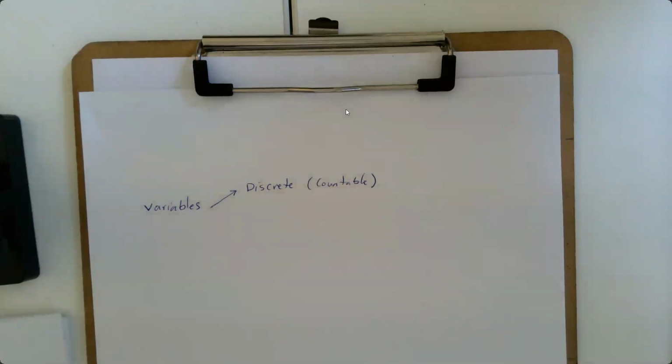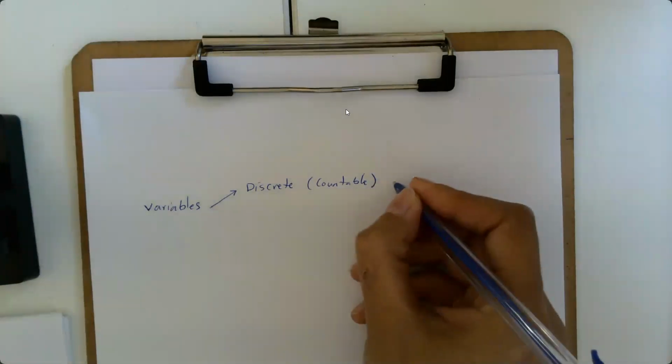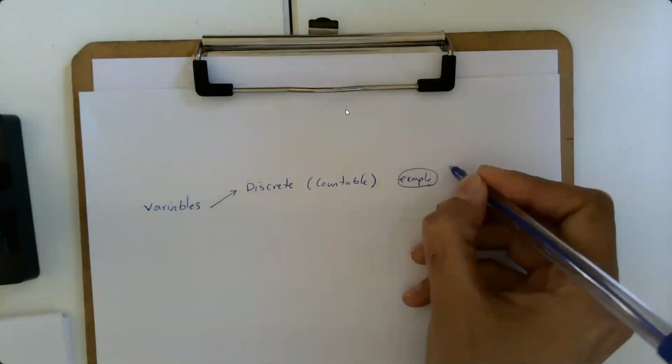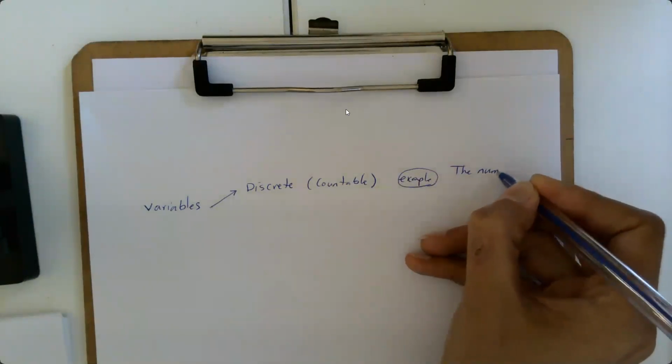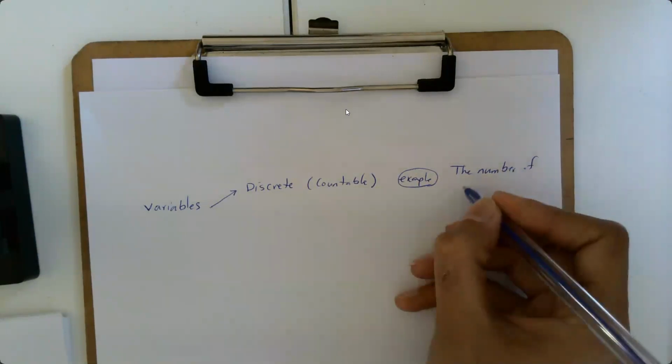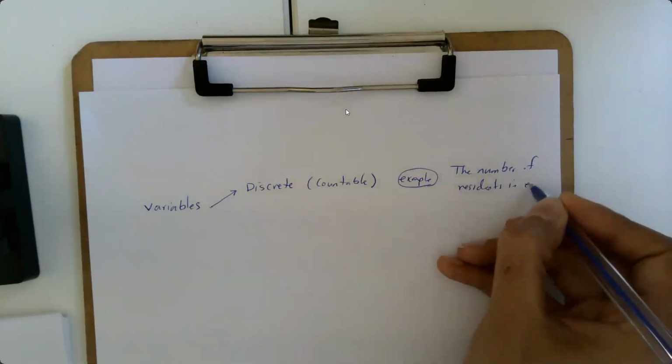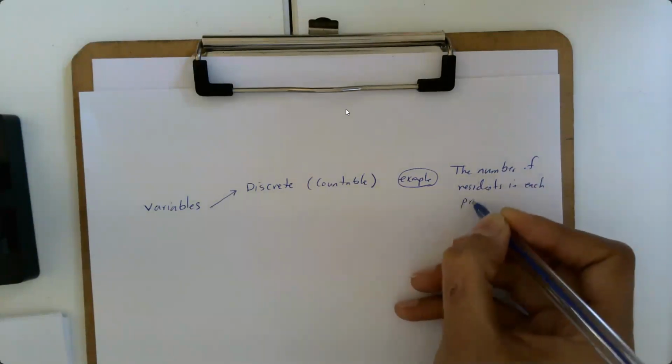Countable variables, like the number of residents in different properties. For example, the number of residents in each property.